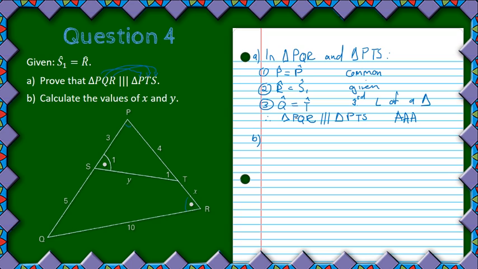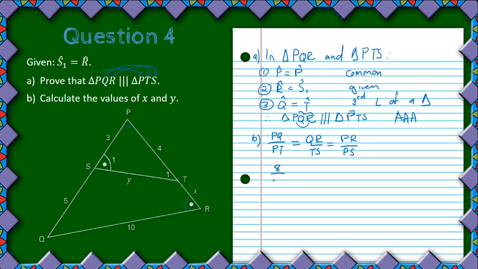So once again, write down our proportions: PQ over PT is equal to QR over TS, is equal to PR over PS. Okay, then we substitute in the known values. PQ is over here, so this is this 3 plus this 5, that gives us 8, over PT.